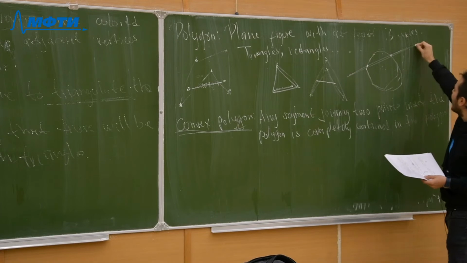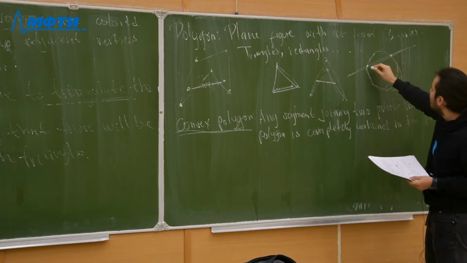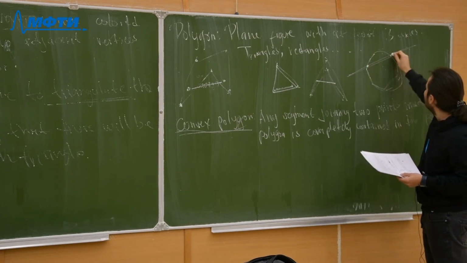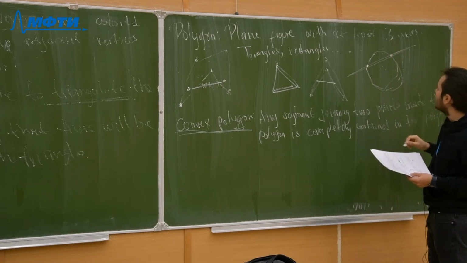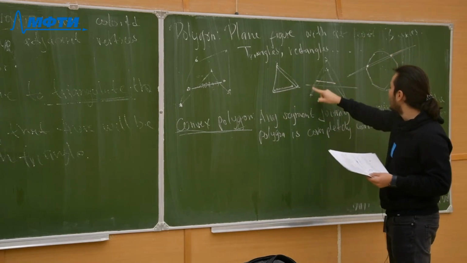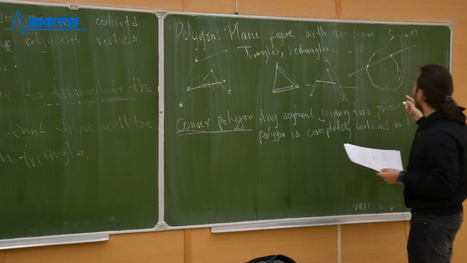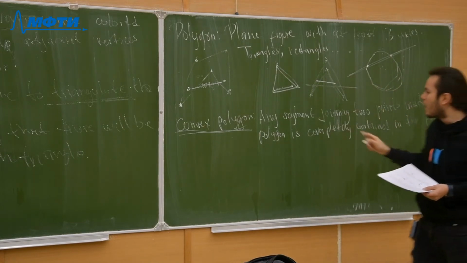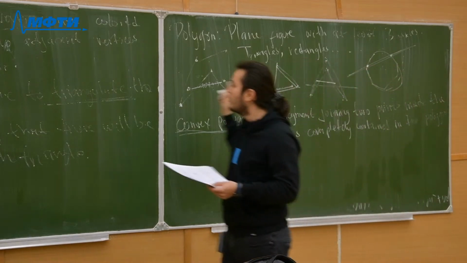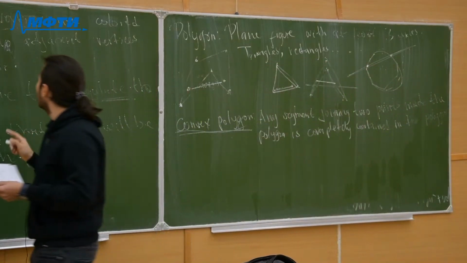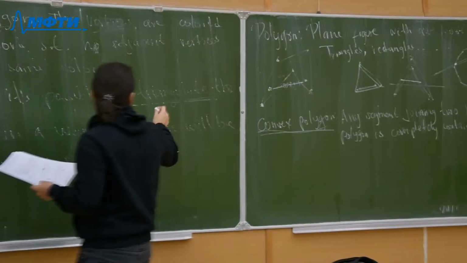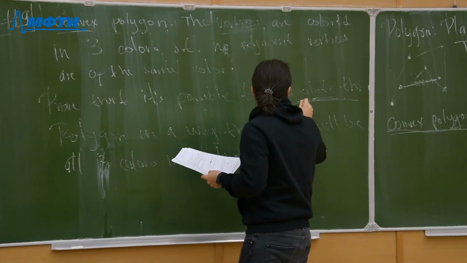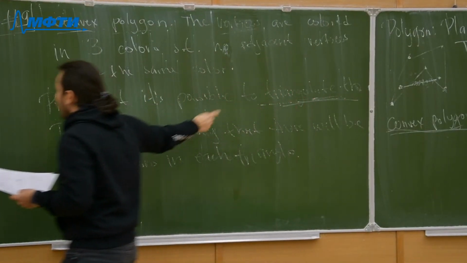And every line must intersect only twice, okay? In this case, for example, how many times? 1, 2, 3, 4, right? 4. So that's it. So this is a convex polygon. Now we have the definition of a polygon, we have the definition of a convex polygon, and we have to ask what triangulation is.